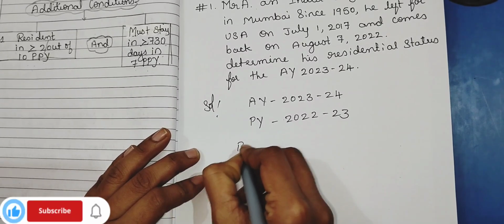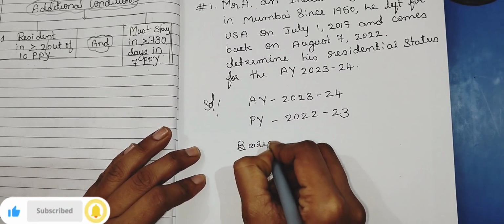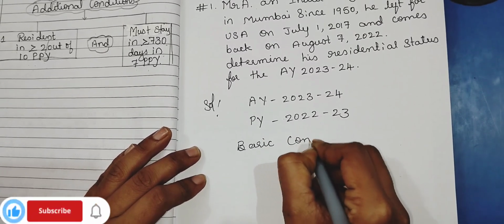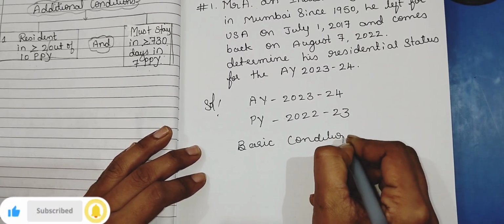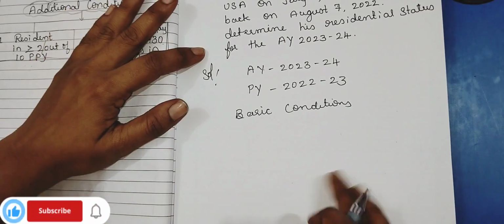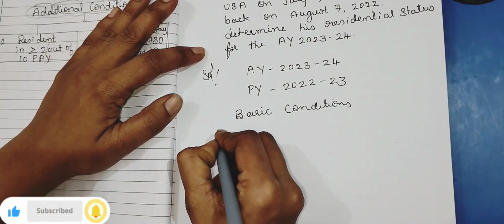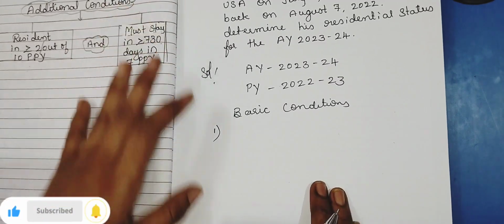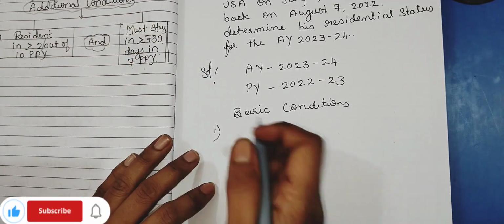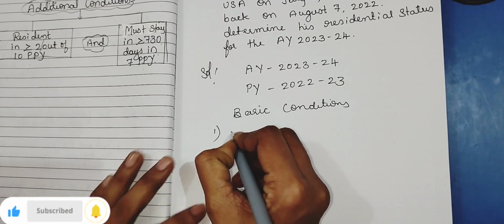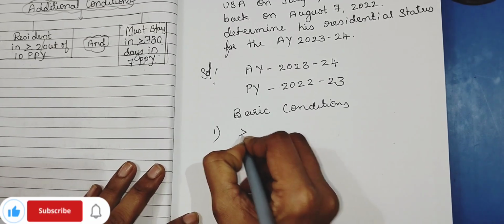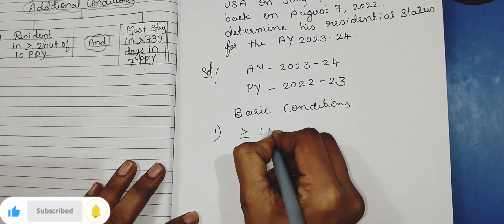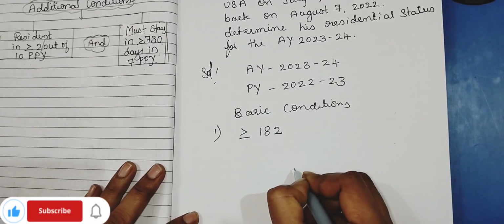What are the basic conditions? First we will check any one, no? If he passes the first condition, then no need to go to the second. So the first condition is, he should stay in India for more than or equal to 182 days in the previous year.